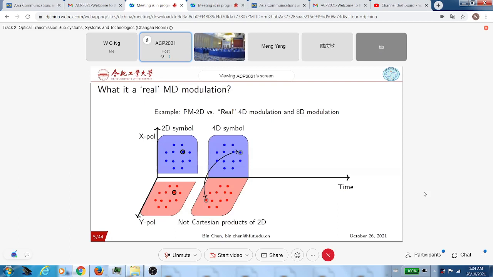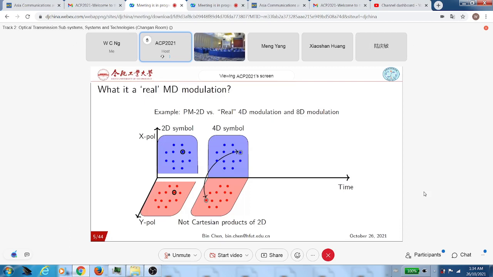For real 4D modulation, you should have some correlation between your 2D or 1D components, or higher dimensionality, and you should be able to design the geometry of the 4D sample. They have some dependency. Therefore, for a real 4D constellation, the 4D sample will not be a Cartesian product of 2D.